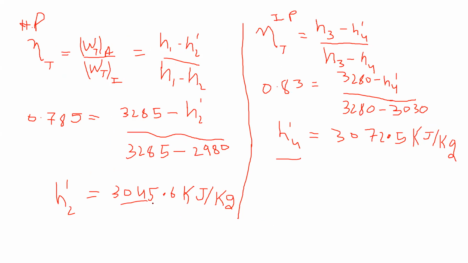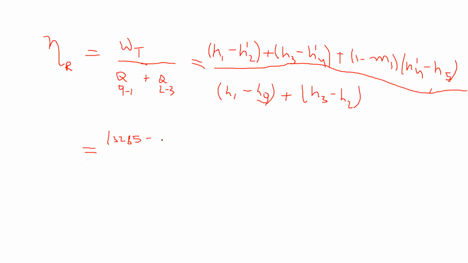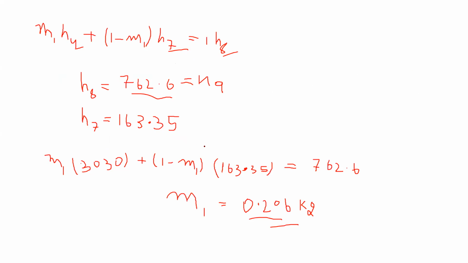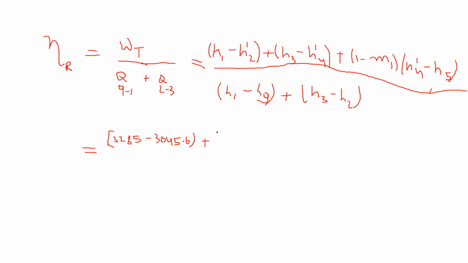H2 dash is 3045.6, plus H3, which is equal to 3280, minus H4 dash.